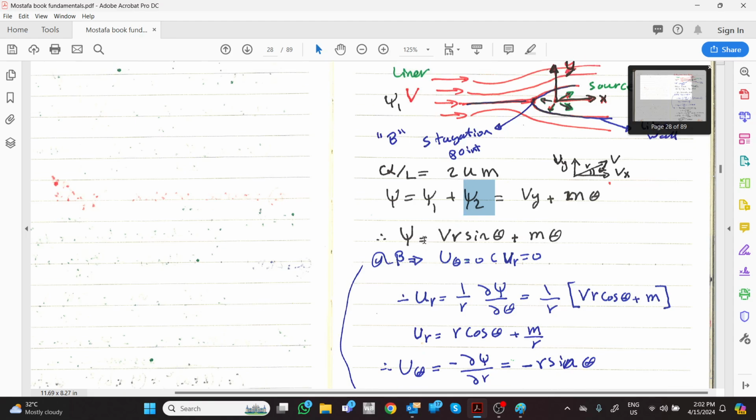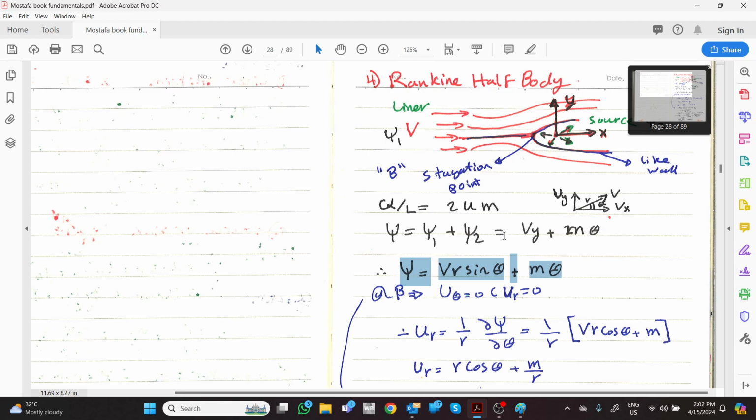Okay, so we have the stream function. This is very good. Apply conditions. So at B, we know it is total stagnation. u theta should be equal to 0 and u r equals 0. We know about this point.